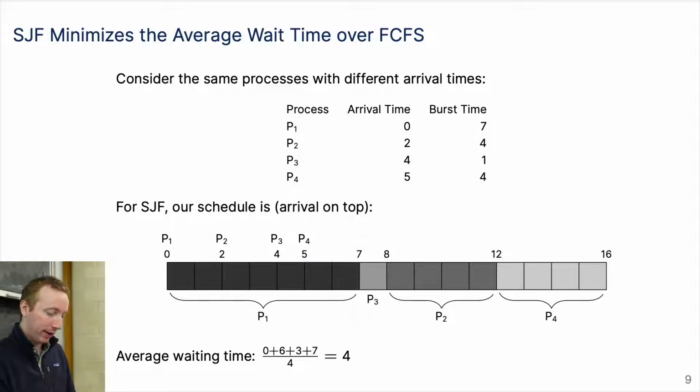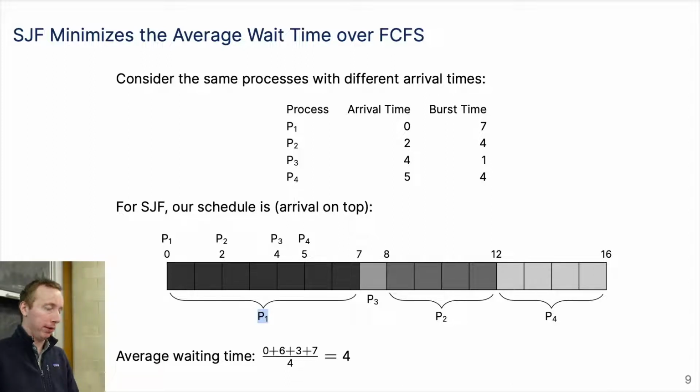Now, P2 arrives before P3, but if I do shortest job first, I would prioritize P3. Whenever P1 is done executing, I would prioritize P3 to run next because it has the shortest burst time. It only takes 1 time unit to execute.